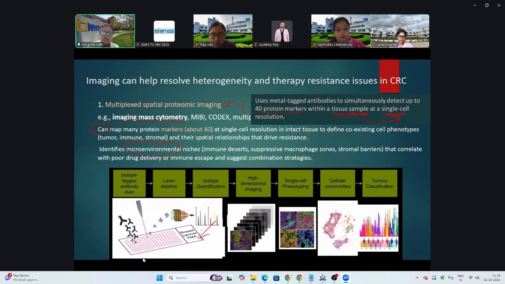Well, I'm not sure if the tissue sample goes into all of this, but all the individual cells, those different colors, 40 different colors, are from 40 different proteins.